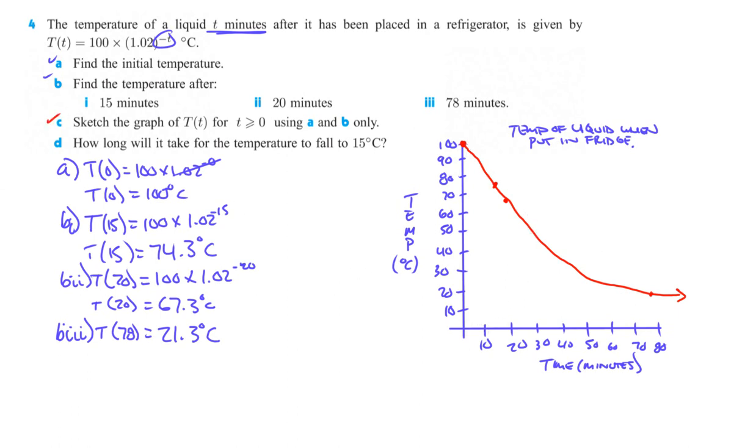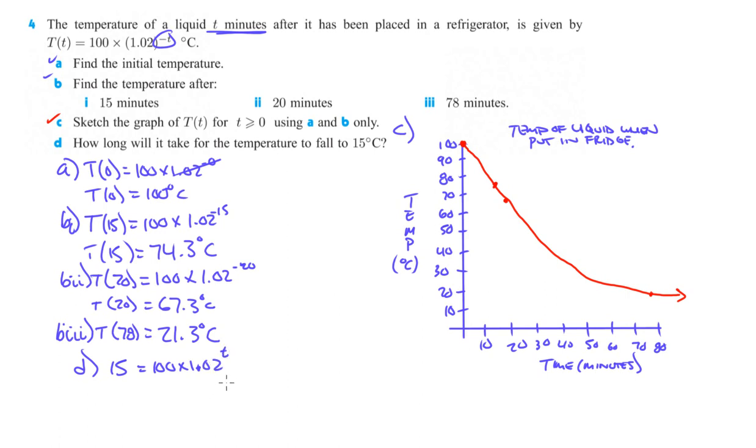Okay. And then let's see, part D here. How long will it take for the temperature to fall to 15 degrees Celsius? So that's where we might want to put this into our graphing calculator, because part C was over here, the graph, and for part D we want to know when 15 is going to equal 100 times 1.02 to what time.